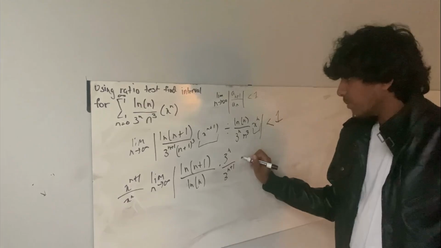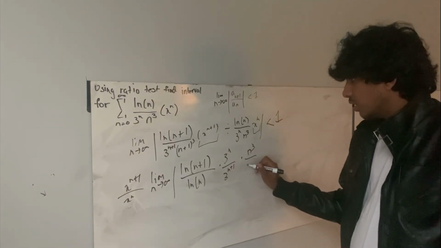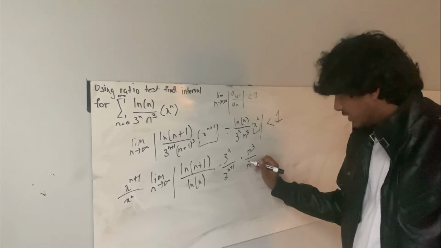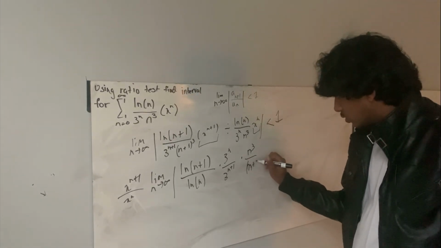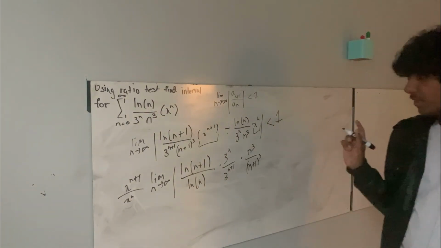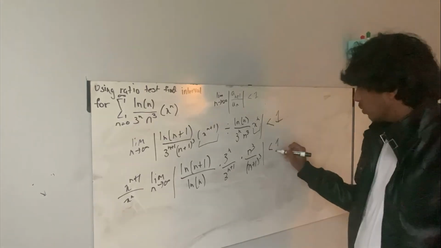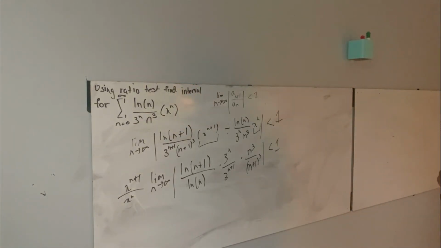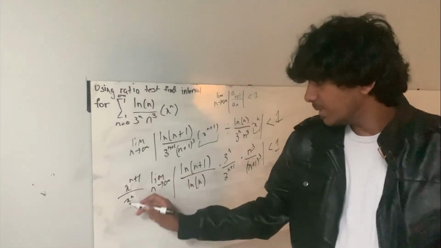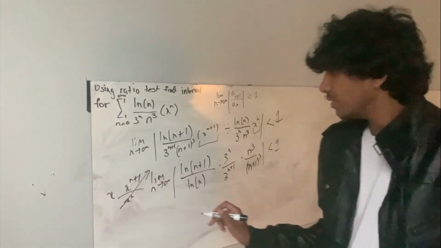Then we're going to multiply that by n cubed over n, oh my god, that's an n. Okay, n plus 1 cubed. And then I think I got everything. Okay, and we're going to compare that to 1. So this simplifies just to x because of exponent rules nicely.